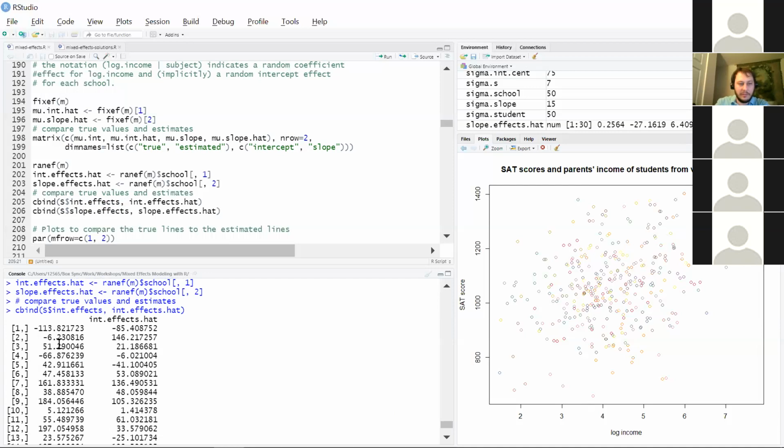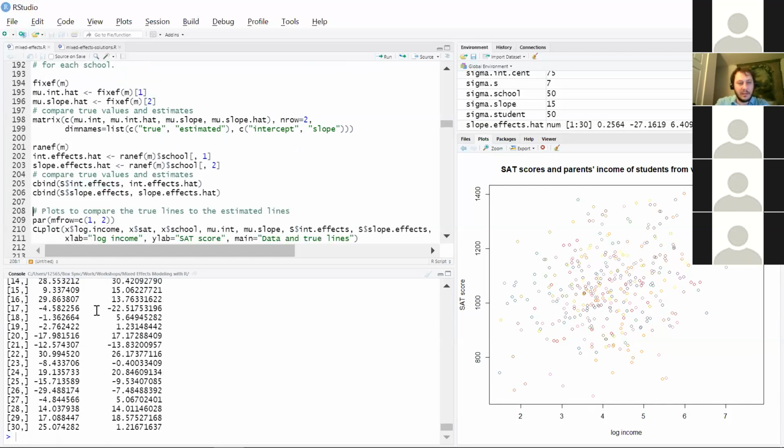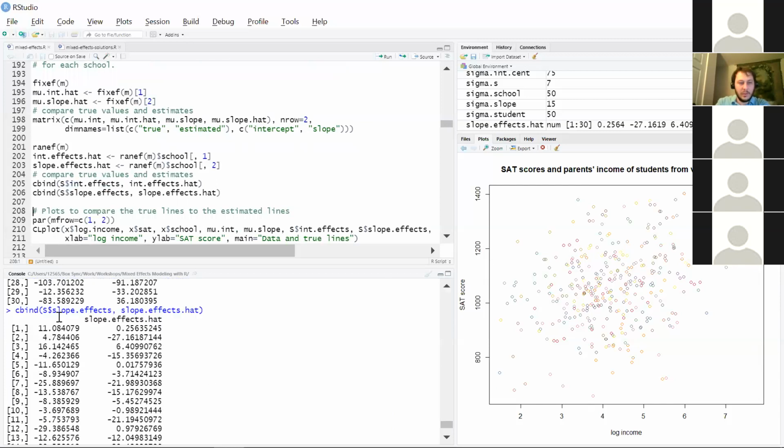I know the real effects, and I can compare them, and sometimes they're pretty close, sometimes they're quite a ways off, but that's the nature of data and randomness. And you can compare the school's true slope effects to the estimated slope effects.